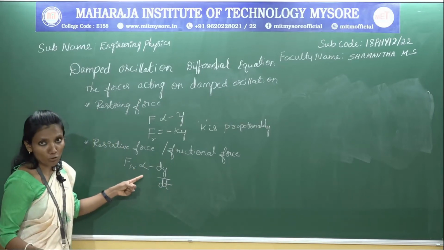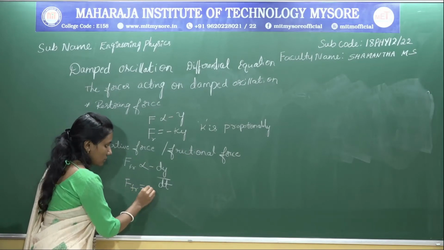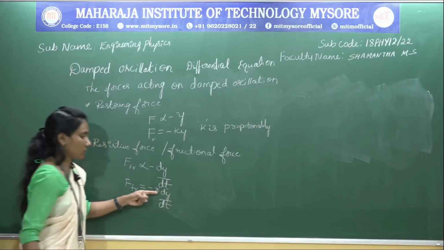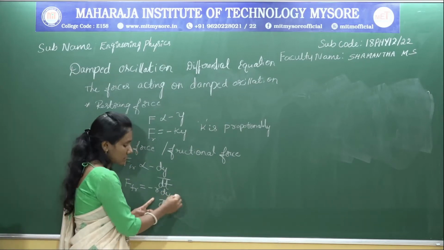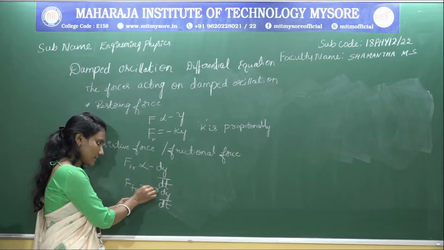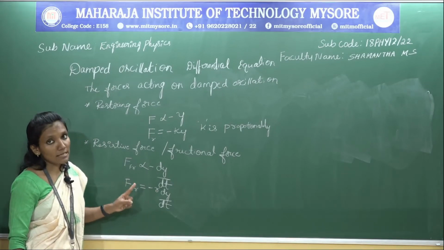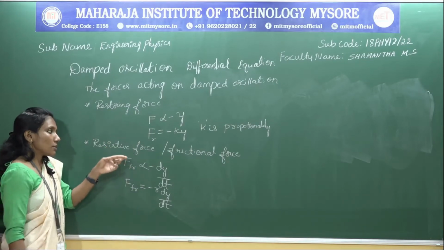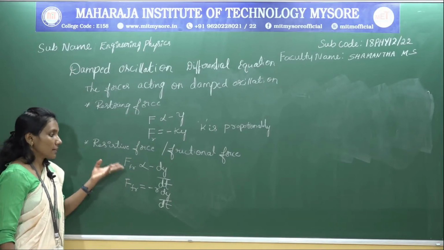When we remove the proportionality constant, we represent it as F = minus r into dy by dt, where r is the damping constant. This negative sign indicates that the frictional force is acting opposite to the direction of motion of the body. So these two forces acting on the body make the damped oscillation take place.